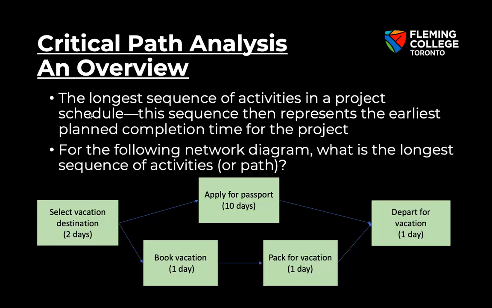So now, what do you think is the critical path here? Is it 2, 1, 1, 1, 5 or 2, 10, 1, 13? Now we know the longest path in terms of days is apply for passport. That means our project timeline is 13 days. Making sense? All right.